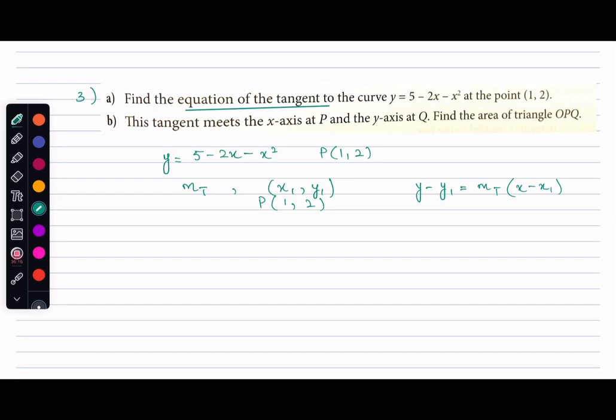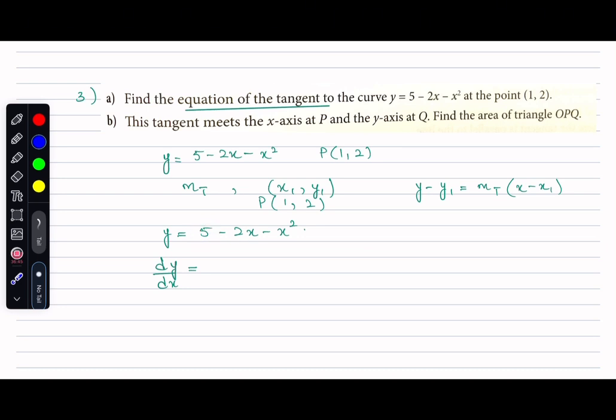So let's find the gradient of the tangent. The curve equation is y equals 5 minus 2x minus x squared. If I differentiate it, then the first derivative is the gradient of the tangent. Here the 5 gets eliminated, as the constant gets eliminated in differentiation.